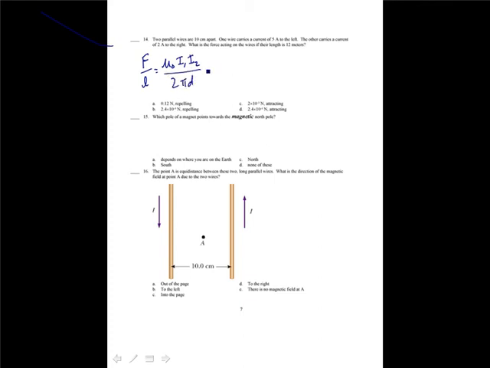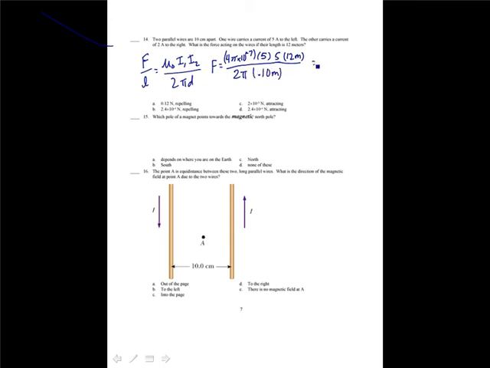Then I solve this for F, which is 4 pi times 10 to the minus 7 times I1 and I2. They're both 5, so 5 times L, which is 12 meters, divided by 2 pi, and they are a distance of 10 centimeters apart, so that's 0.1 meters.